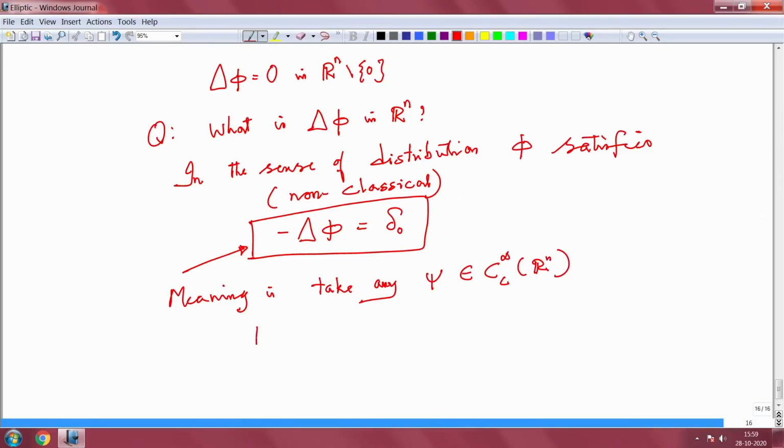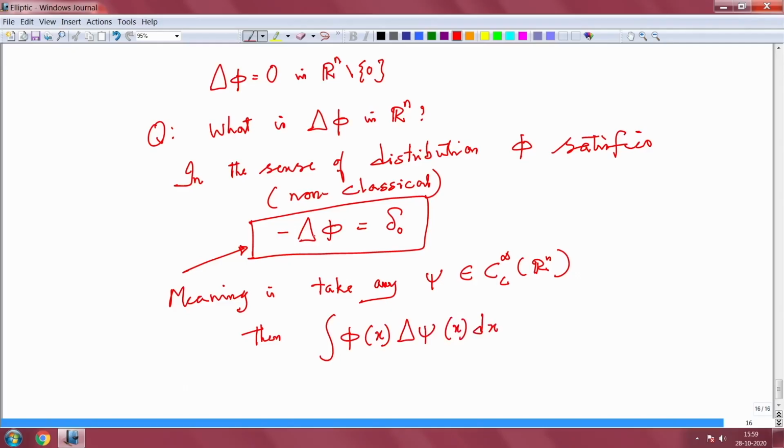Then we want to show the integral of phi of x times Laplacian of psi of x is meaningful because phi is locally integrable.